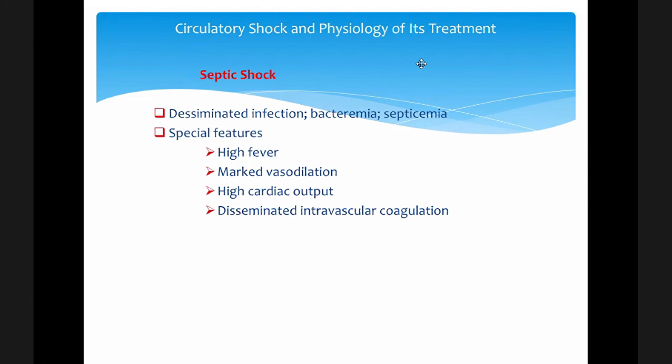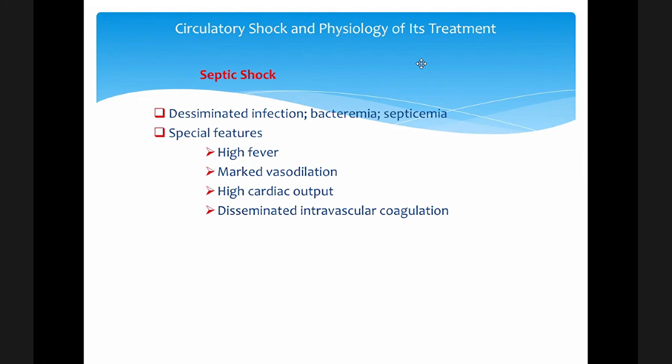Makukuha mo yan sa history kung septic shock talaga yung patient. Sabihin ng pasyente, ubo siya ng ubo, tapos yellow yung phlegm, or masakit yung pag-ihi, meaning dysuria, hematuria, mga ganun ba? There is something in the history and physical exam that will help you if this is a septic shock.